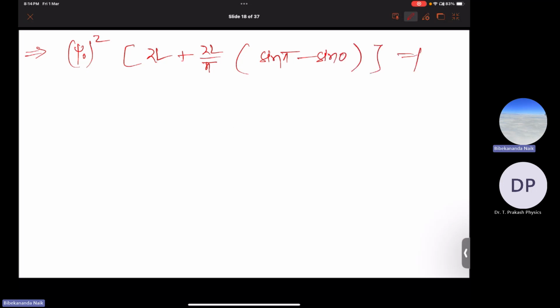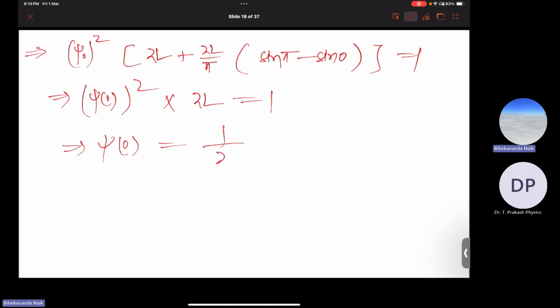Sine 0 is 0, and sine pi is again 0. So psi 0 square into 2l equals 1, or psi 0 equals 1 by root over 2l.